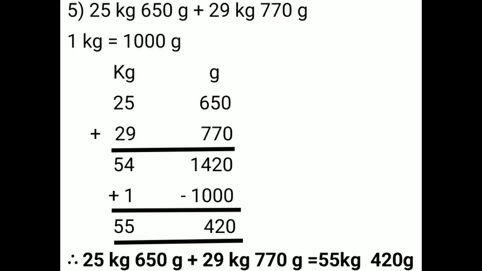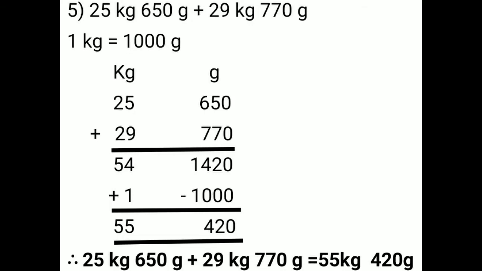The two units given here are kg and gram. We'll first begin by writing the conversion, which is 1 kg is equal to 1000 grams. Now on adding the given two numbers, we get the sum to be 54 kg and 1420 grams, where 1420 grams is more than 1000.